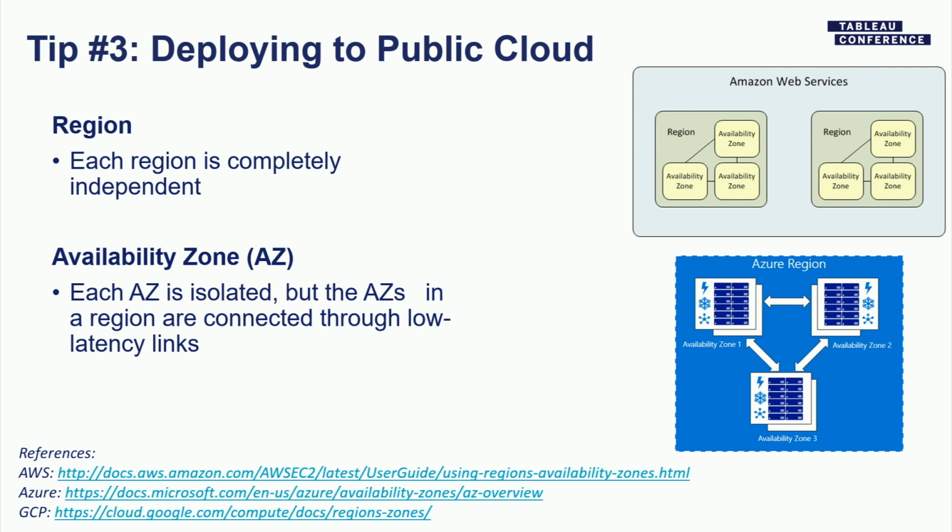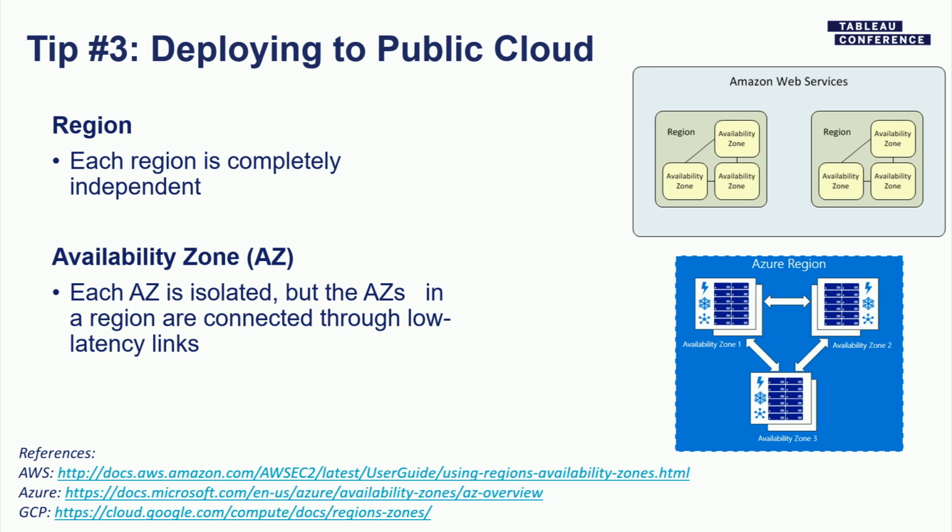And within the regions, they also have the concept of availability zones. And availability zones are independent parts of the region, which have independent power, independent cooling, pretty much independent everything. And cloud providers guarantee availability by availability zones, not by individual machines.